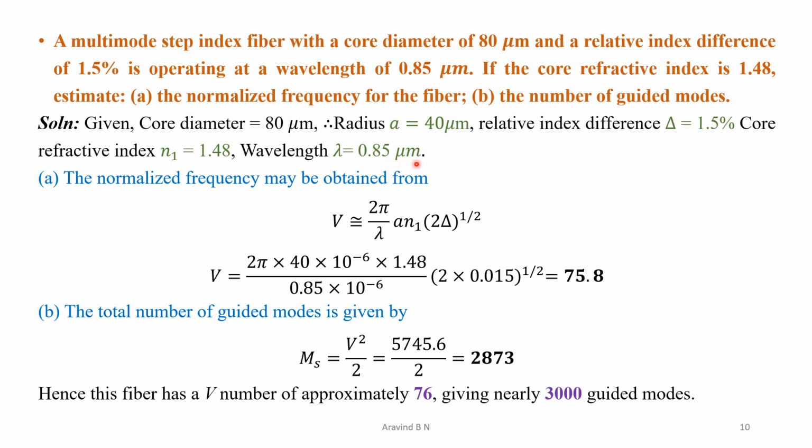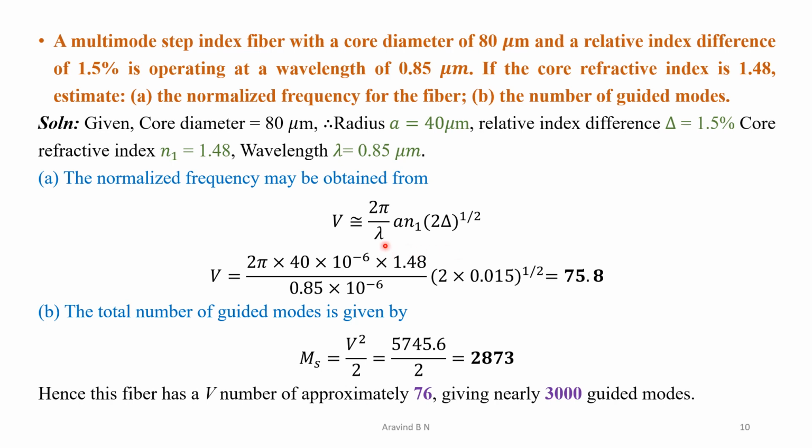Now let us start with the solution. First we have to identify the normalized frequency of the fiber. In this case it is a multimode, so V is approximately equal to 2 pi by lambda, a, n1, into (2 delta) to the power of half. On the right hand side, all these parameters are known to us.